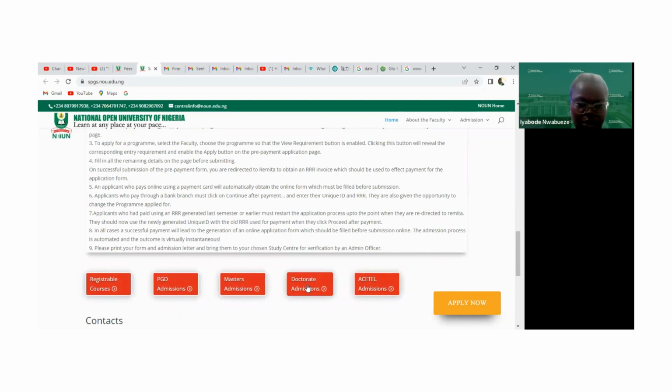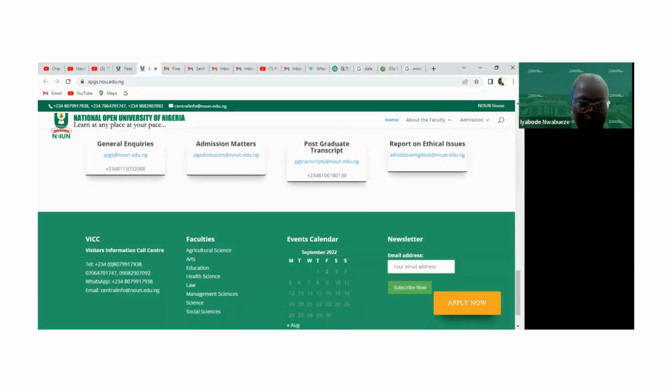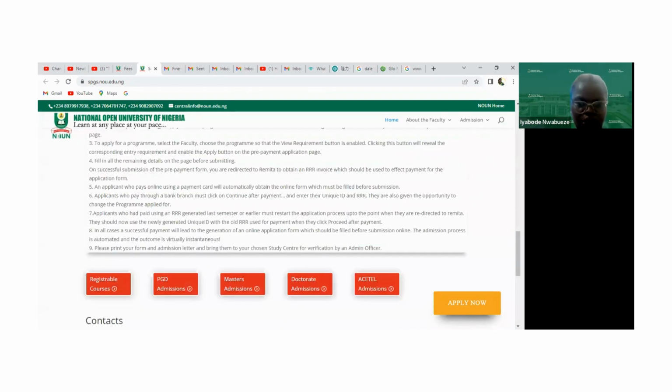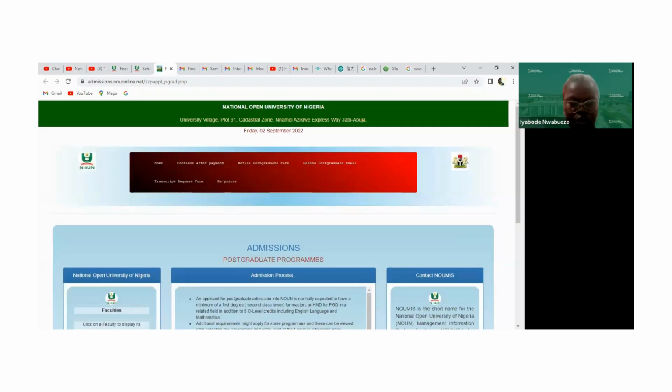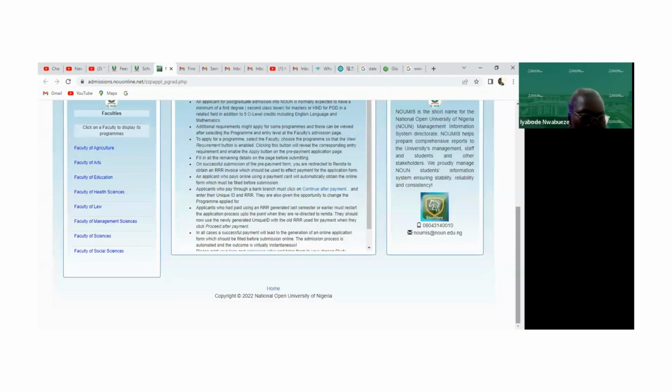So yes, this is what I'm looking for. The doctorate admissions. I'm actually looking for the fees I will pay. Let me see if we can get something out of that, because the fees for the PhD students is not listed.